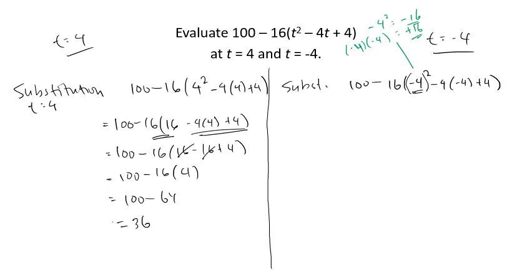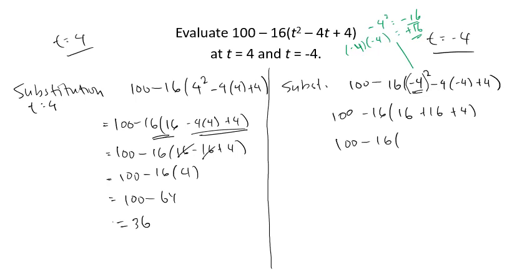So in doing these evaluations, not only do you have the variable expression evaluation aspect of these problems, but you have a lot of other things working as well, like order of operations. So it's a lot to keep track of what's happening in student work in doing these problems. So we finish this out. This is 100 minus 16. So we know now that this is a positive 16, this is a positive 16, and this is a 4.